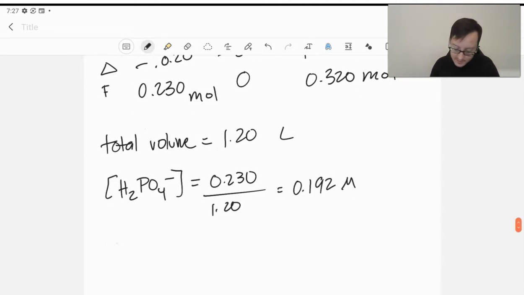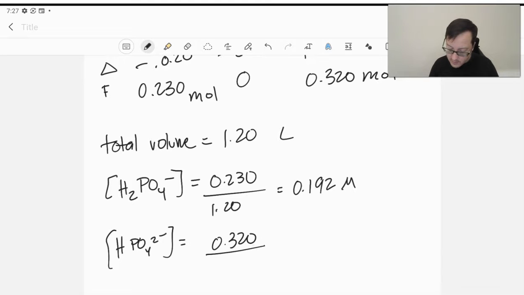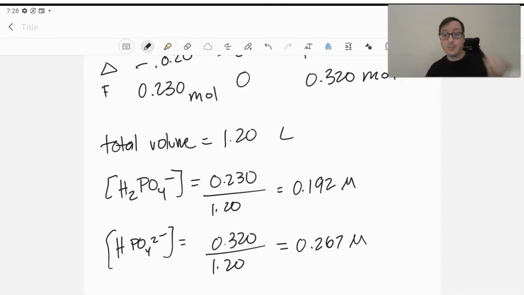And for the other side, we have our HPO4 2 minus. We have 0.320 moles over 1.2 liters, which is 0.267 molar. So both of these have actually gone down because we have a bigger volume than we had before.